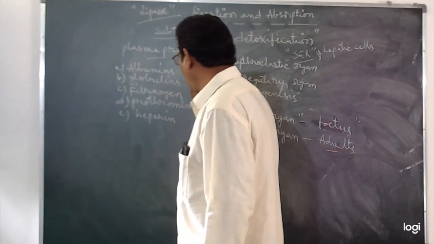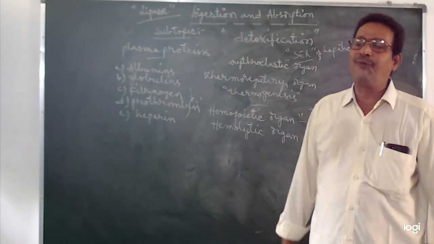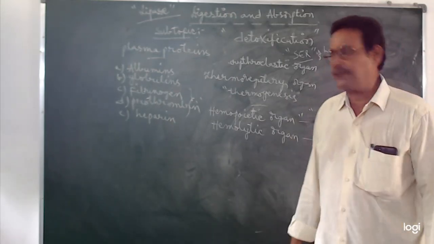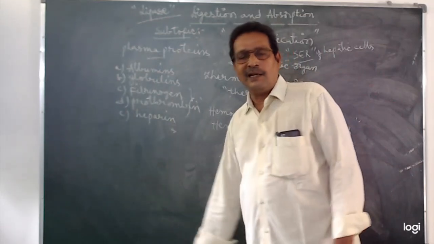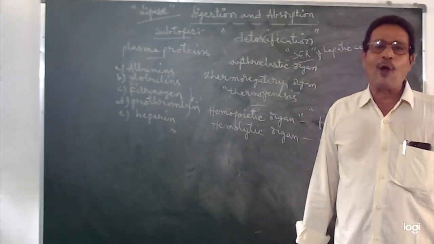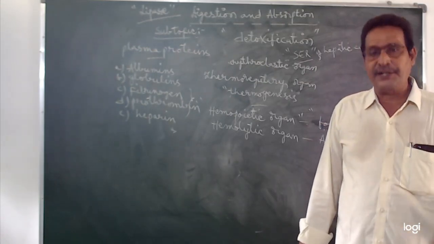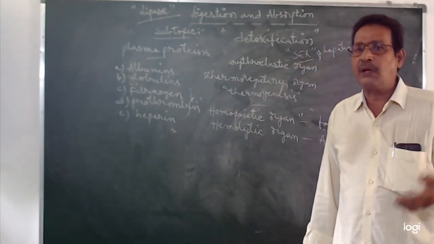Particularly, fibrinogen and prothrombin are blood clotting factors which help in the process of blood coagulation. Whereas heparin is an anticoagulant. It prevents the clotting of blood in normal conditions while blood flows in blood vessels.